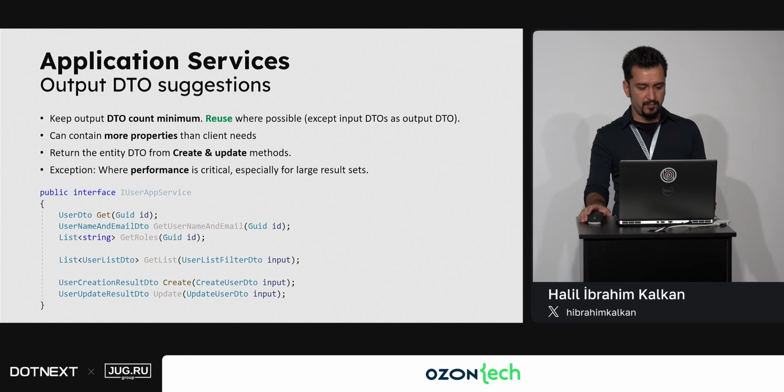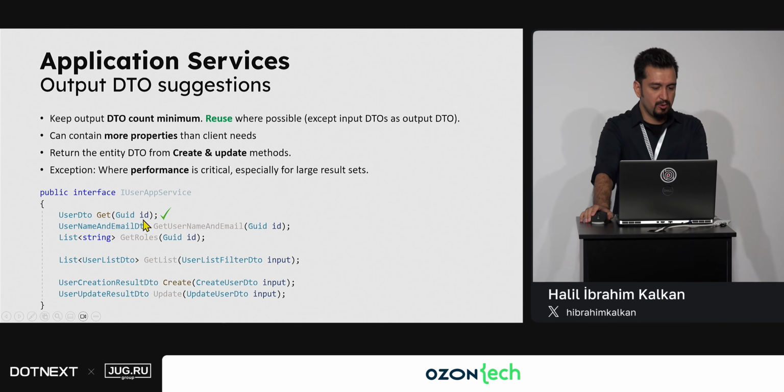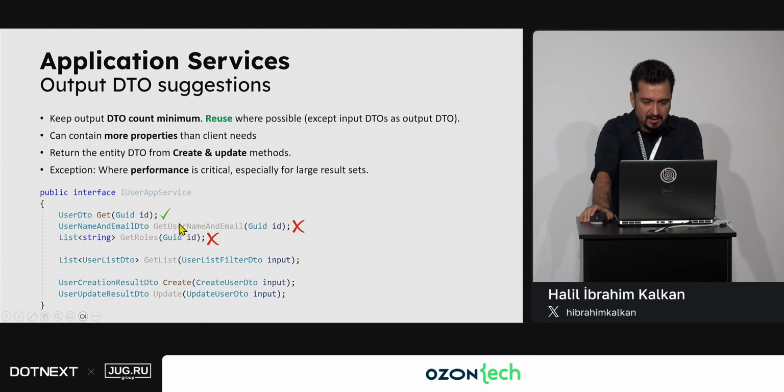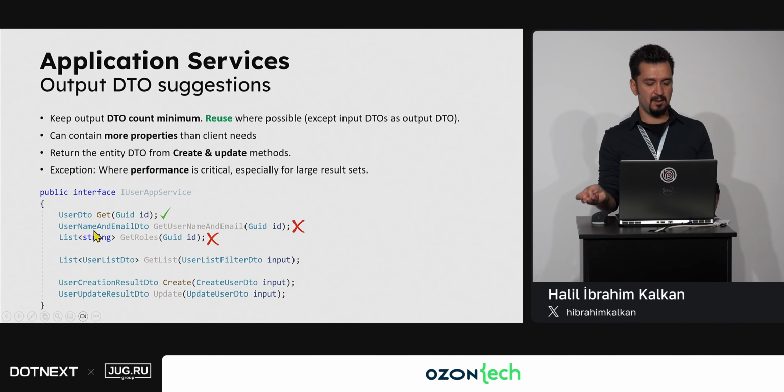Let's see here. We have user application services. We have many methods here, you see. We are getting a user DTO with ID. Okay, no problem with that. However, here we are getting username and email with ID. In a case where we need just the username and email address, we are creating a specific endpoint for that. It's not a good idea.